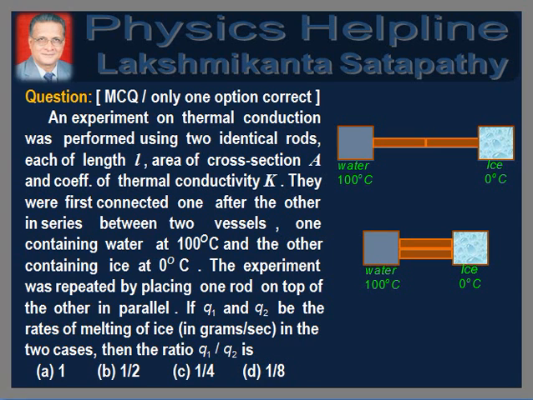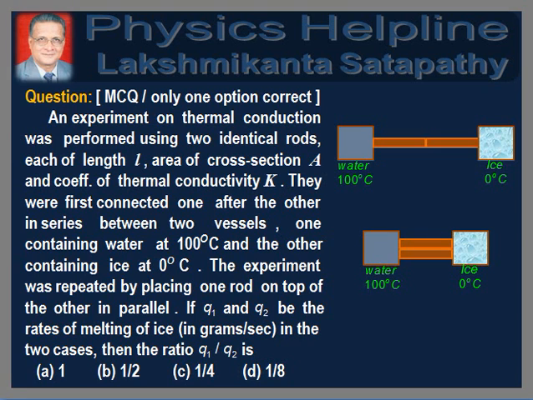If Q1 and Q2 be rates of melting of ice in grams per second in the two cases, then the ratio Q1 by Q2 is. The options are 1, 1 by 2, 1 by 4 and 1 by 8.